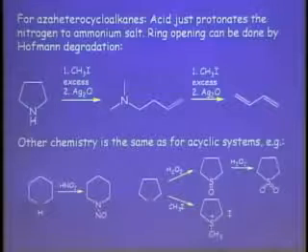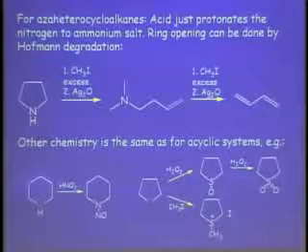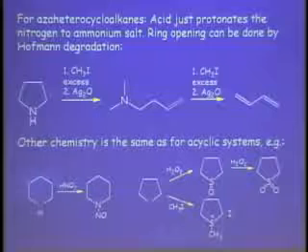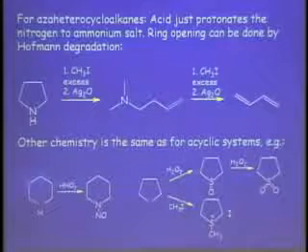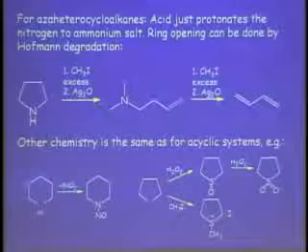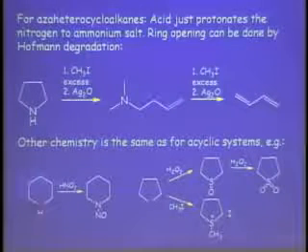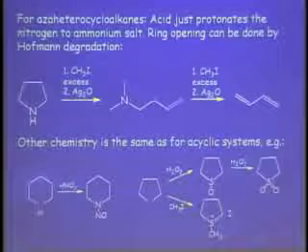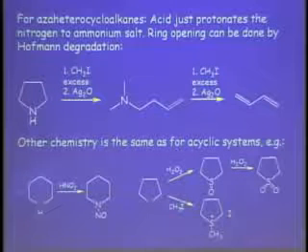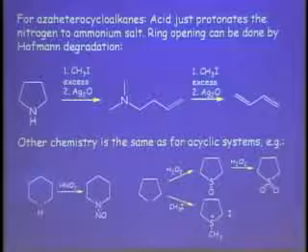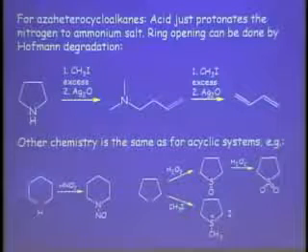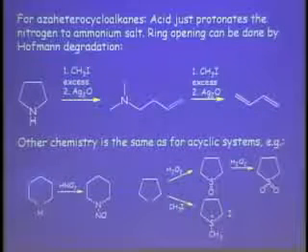Okay, now what about the corresponding ring opening for the nitrogen analogs? You can't do that, for the same reason that you can't convert an ordinary amine, the amino group in an amine, into an ammonium leaving group by just protonation. You can protonate it and make the ammonium species, but that ammonium species just sits there.